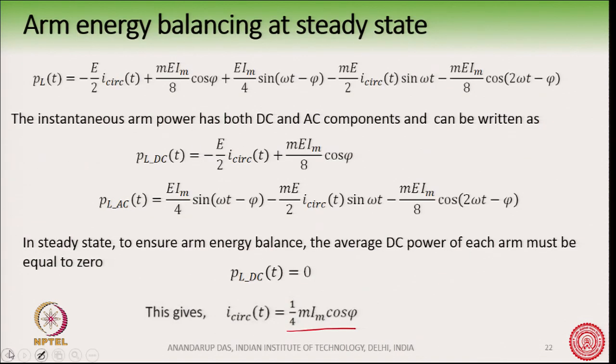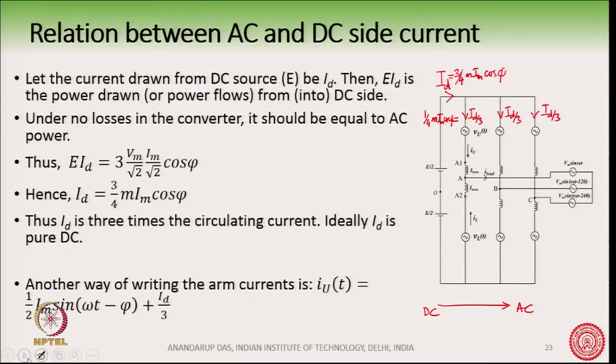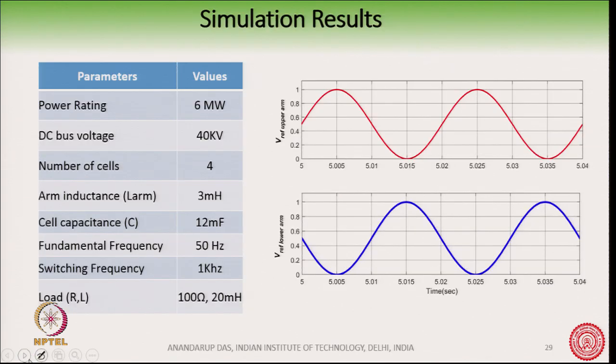As I told you, we have not discussed the AC component of the power. We will do it, because there is something interesting that comes from there also. So far we have just talked about the DC component.